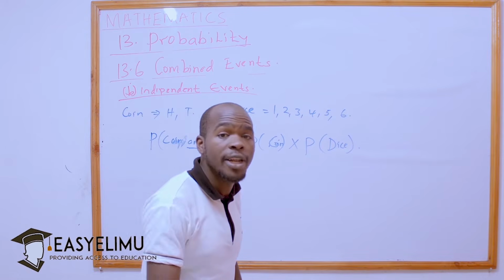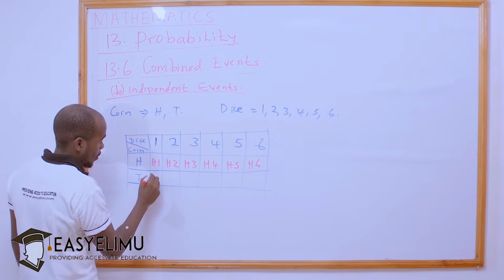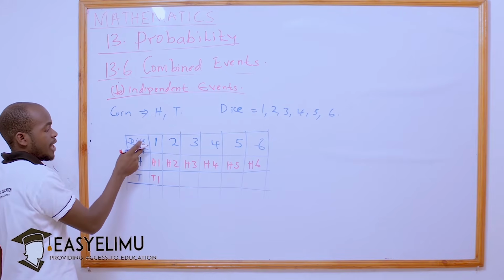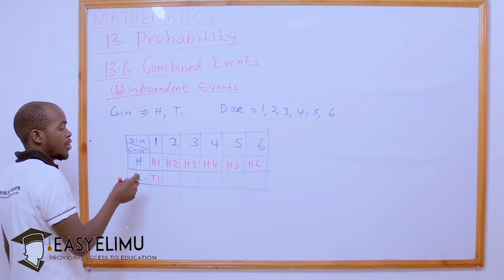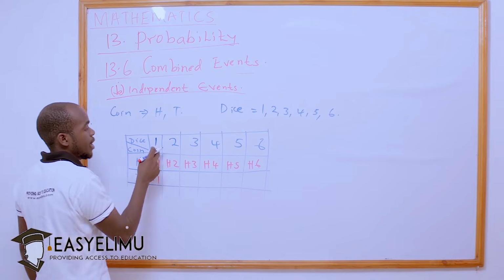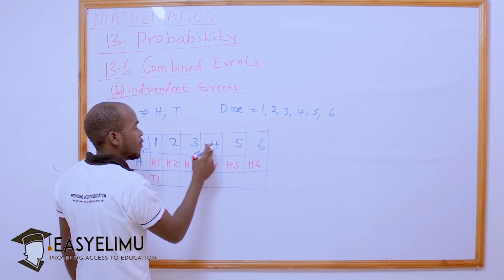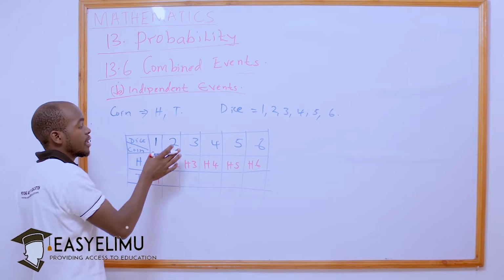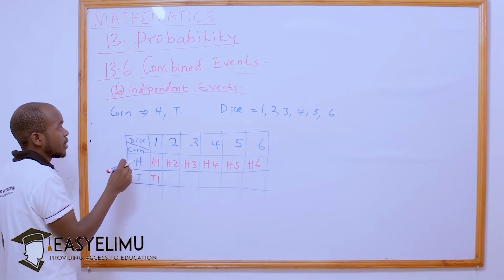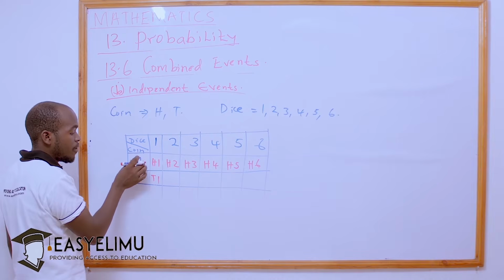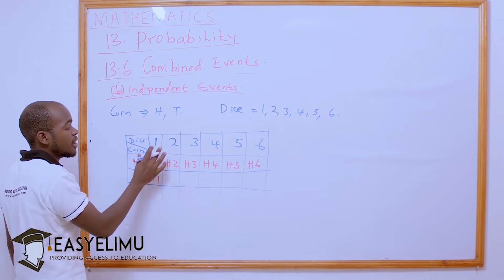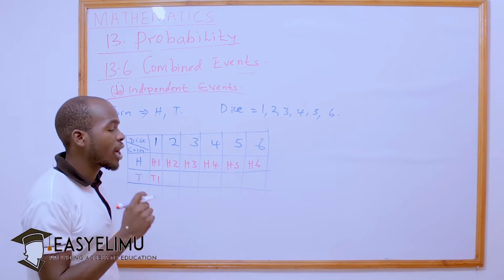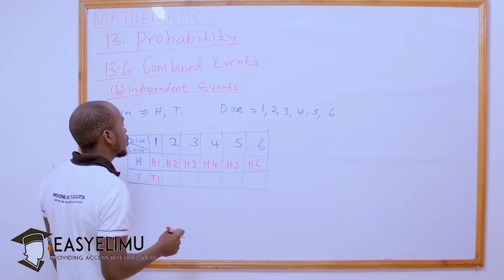Let's see how we shall find that. If a dice and a coin are tossed together, we are going to have these faces. For the dice showing up, we shall have either of the faces showing up, which we say are mutually exclusive events. And if we combine them with another mutually exclusive event, which is that of a coin, then these become independent events because the occurrence of each one of them does not affect the other.